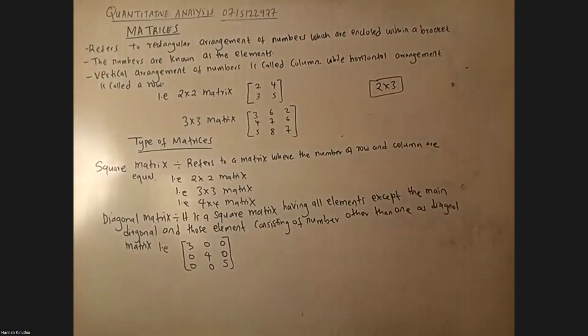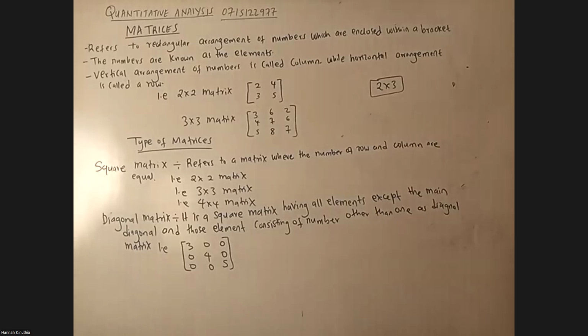So it's a square matrix where all elements except the main diagonal are zero, and the main diagonal consists of numbers other than one.